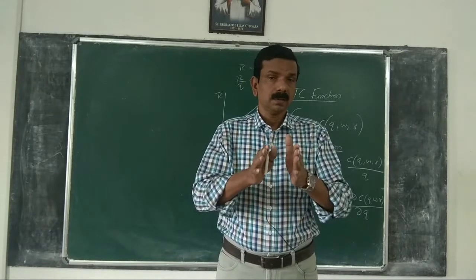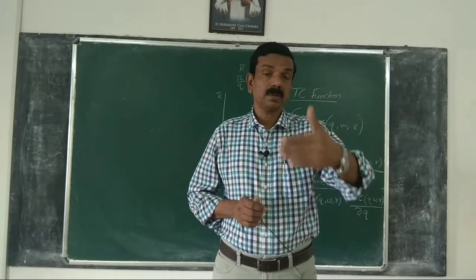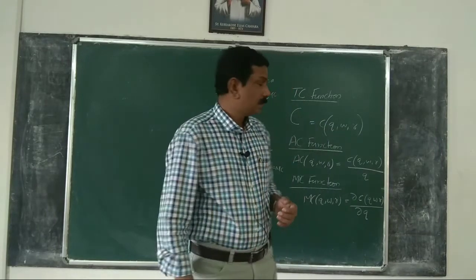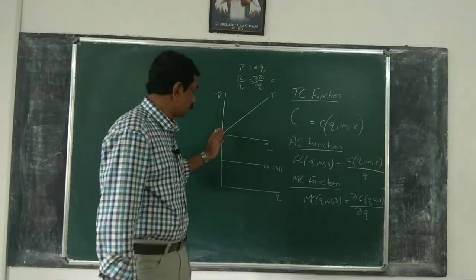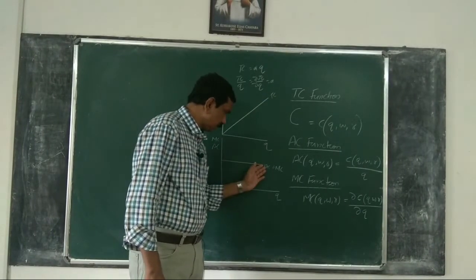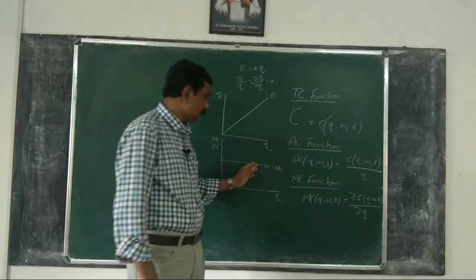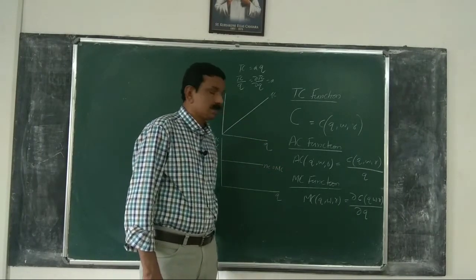Remember this? Homogeneous is not enough. Linearly homogeneous is required for the total cost to be proportional to output and MC equal to AC, a constant.